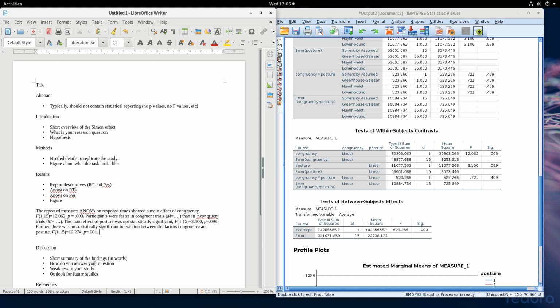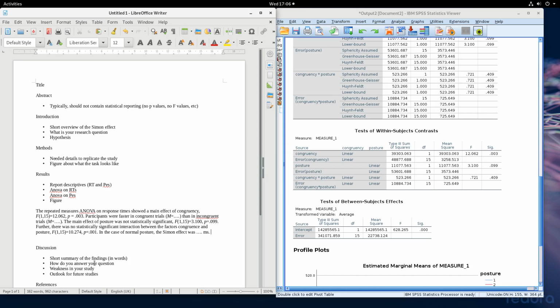So if that's significant, then I would have said, in the case of normal posture, the Simon effect was, and then how many milliseconds it is.